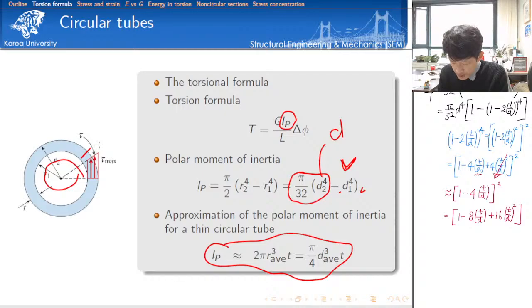And by the same logic, this is small, and the square of a small thing is extremely small, so we can drop it too. So finally, this is approximated as 1 minus 8t over d. Let's use this approximation in this place.